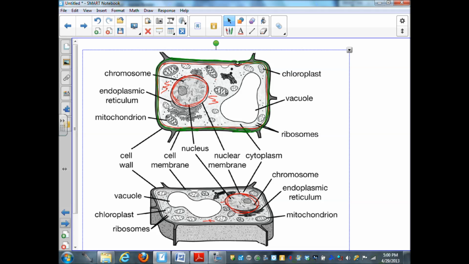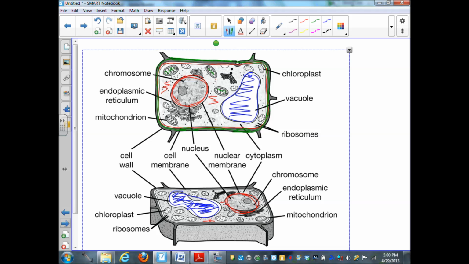We still have the vacuoles, but as you notice, in this one it's huge. And there's only one of them. This is a huge vacuole inside here, and here it is down here. So if you see a really large empty space in the drawing, you know that's the vacuole and that it's a plant cell. You still have the mitochondria in here that looks like the football.